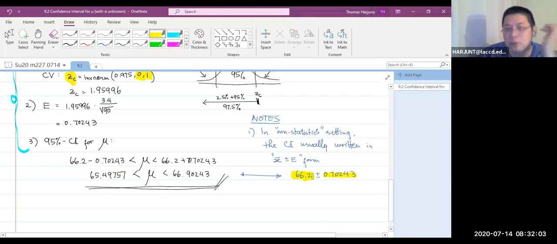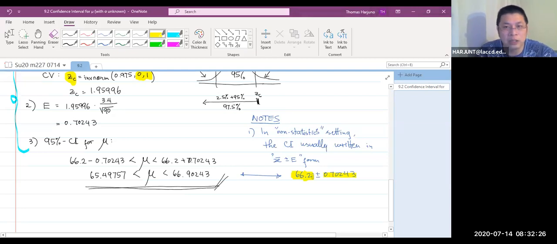Sometimes when you read the newspaper or a non-statistic paper, they write it that way. Of course, because they write it for lay people, people without a lot of statistics background.